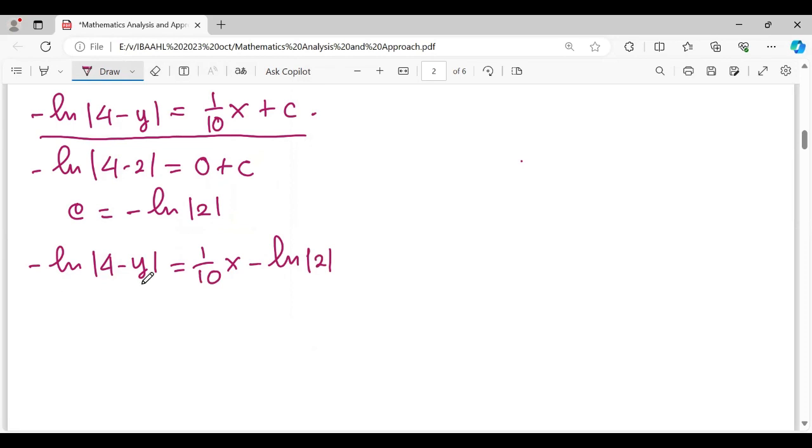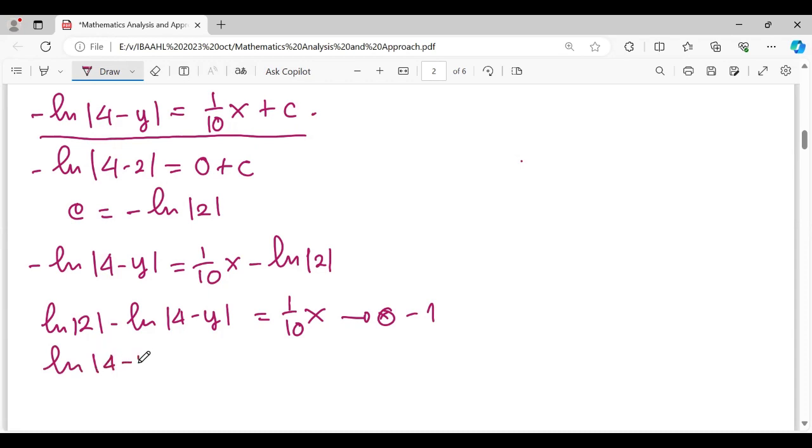So this equation becomes, multiplying by minus 1, ln(4 minus y) minus ln 2 equals minus 1 over 10 x.